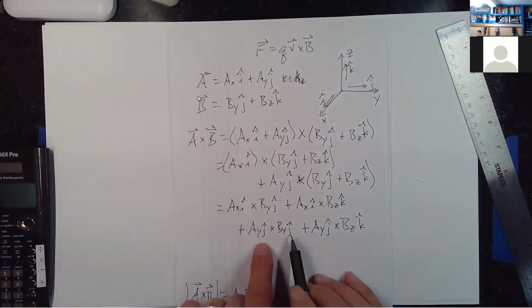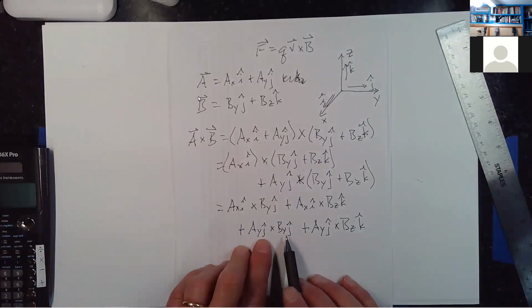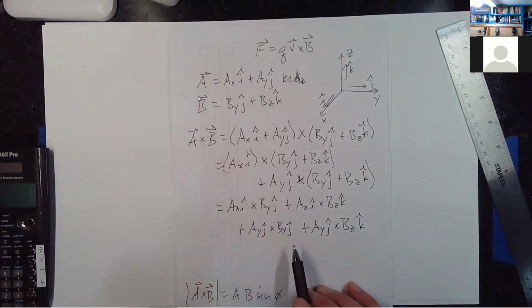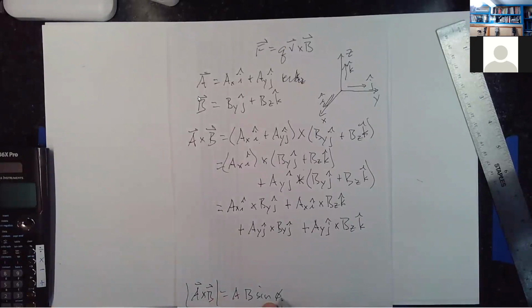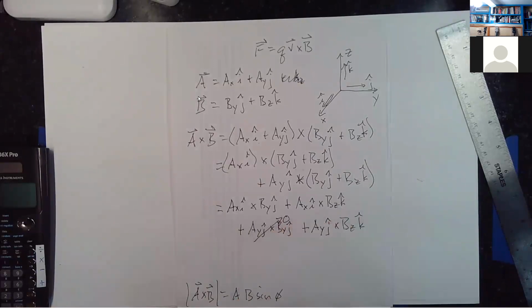If you take two things that both point in the J hat direction, you can factor out the scalar parts, but the vector part will be J hat cross J hat, and a vector crossed with itself or with the negative of itself is 0, because the sine of 0 is 0 and the sine of 180 degrees is 0. And so this ends up being 0.